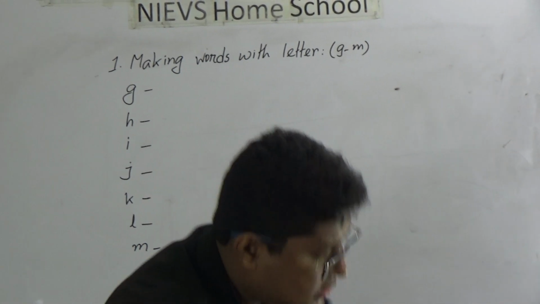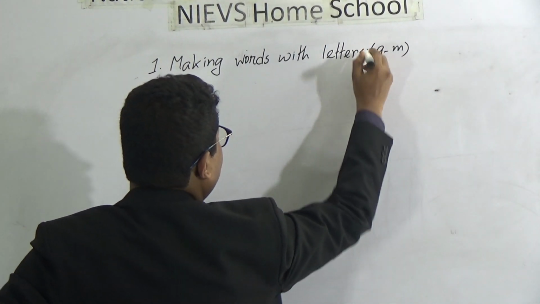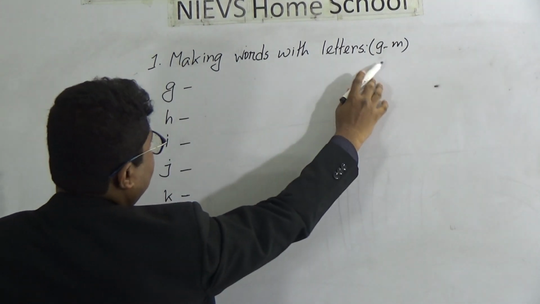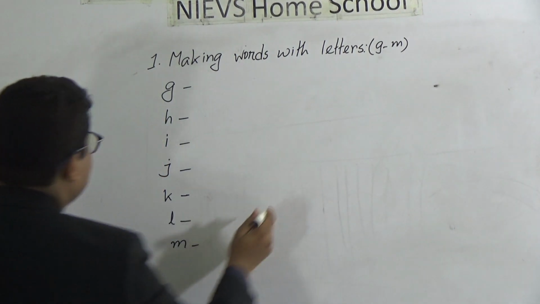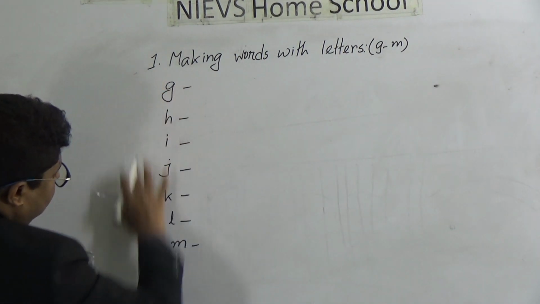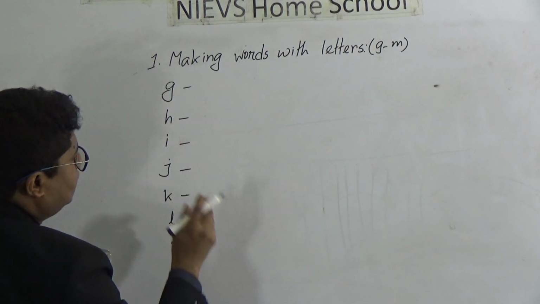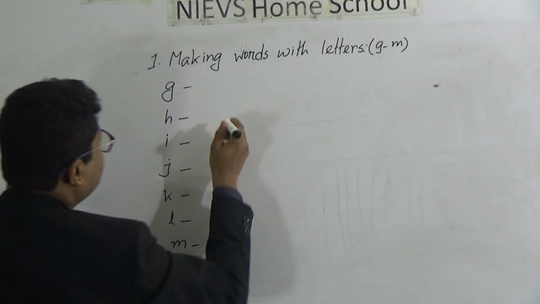Okay, let's start. We're going to the board, making words with letters. Okay, from our today's topic, making words with letters from G to M. Okay, so you can see the letter is given. So G, you have to make two words with its letters. So G for goose.